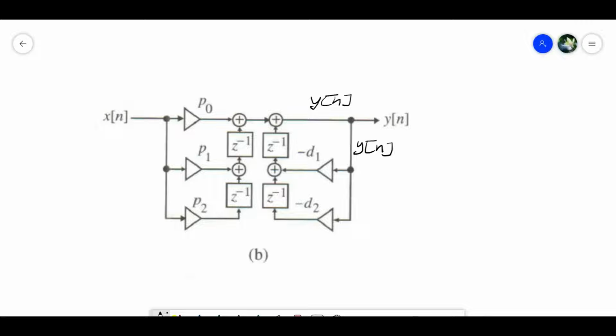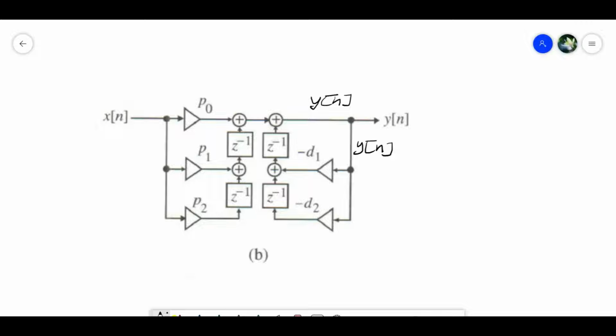Again, it's a branch. It makes a copy of itself. So now, because this is yn, and this is yn, what is yn? yn is coming from this particular summing junction. So here it is very clear that this is a clear signal. But what is this one? This is coming from this summing junction.